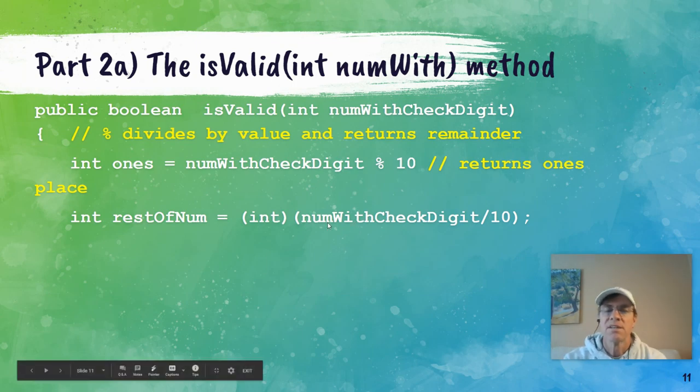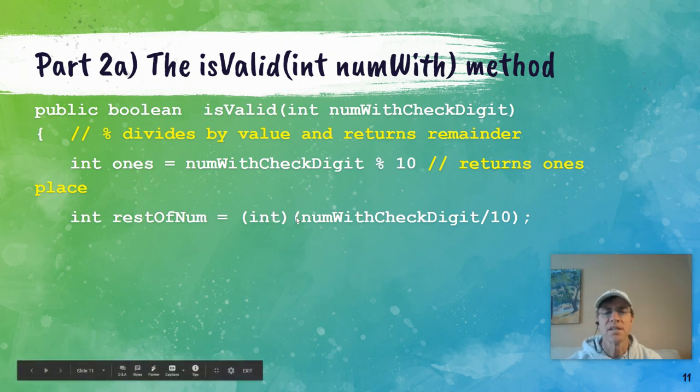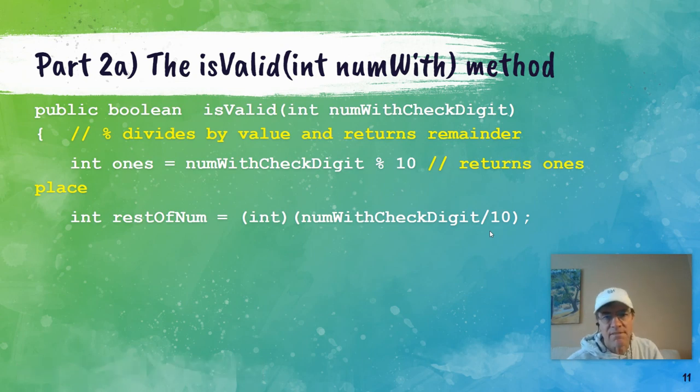So I'm going to divide the parameter by 10, and that would typically give us a decimal. If it was 159.5, if I divided it by 10, it would be 15.95. I just want the 15. I don't want the decimal. So by casting it or doing int division, I would be getting just the whole number. 159.5 divided by 10, with int division, is going to be 15. So that's how I'm going to acquire the ones place and the rest of that number.